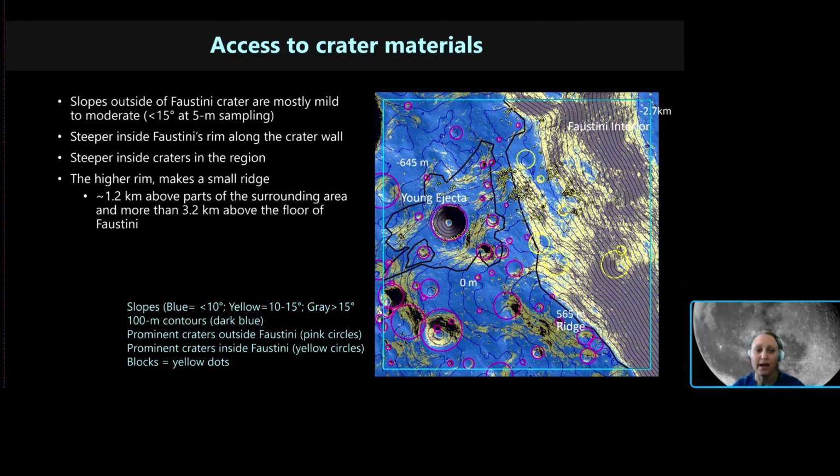And there's one area here towards this lower right corner of the map labeled ridge. This is the area that's at higher elevation in this region. This is part of Faustini's rim, and it makes about a 2 kilometer long ridge on this corner of the map. And that rises significantly above the other areas within this region.